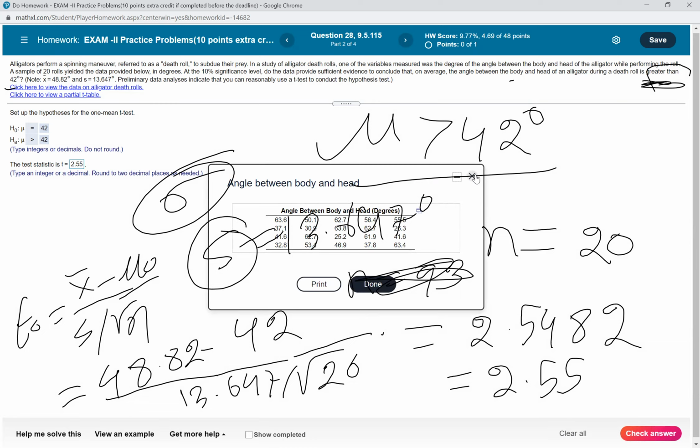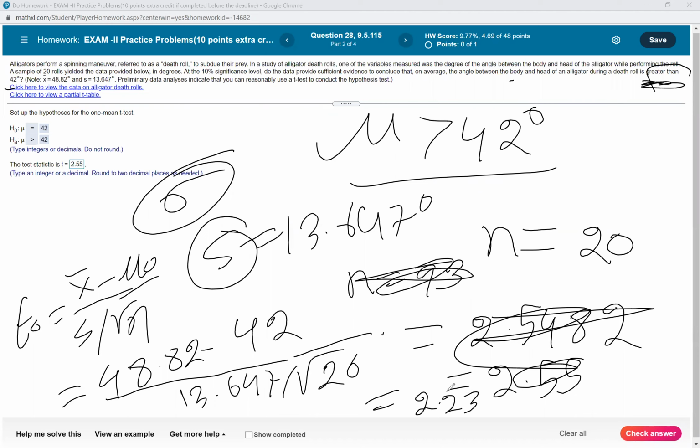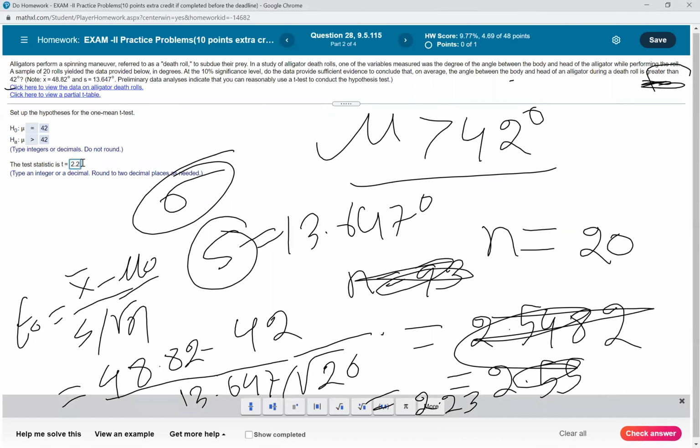We have 20 data points. Yeah, that's correct, we have 20. So I didn't actually get 2.54, I got a different number. I made a mistake here. After simplifying this, actually, I got 2.2349. So that's 2.23. So this is actually 2.23. Let me check the answer.